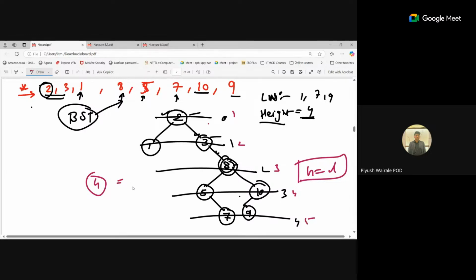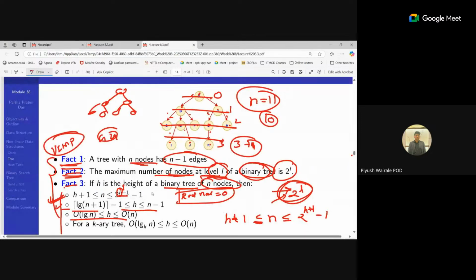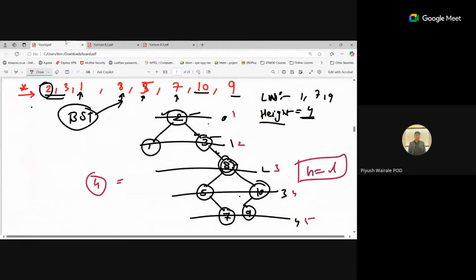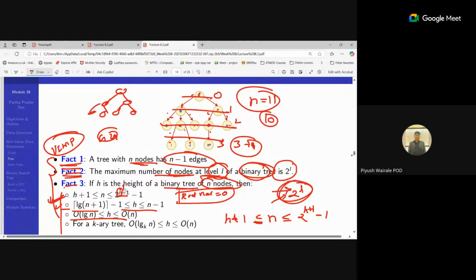So if we are putting this as H, the entire thing will be L in that case, if we are starting from level 1.